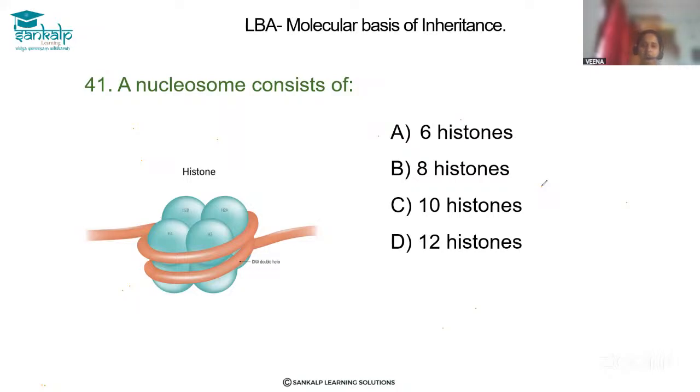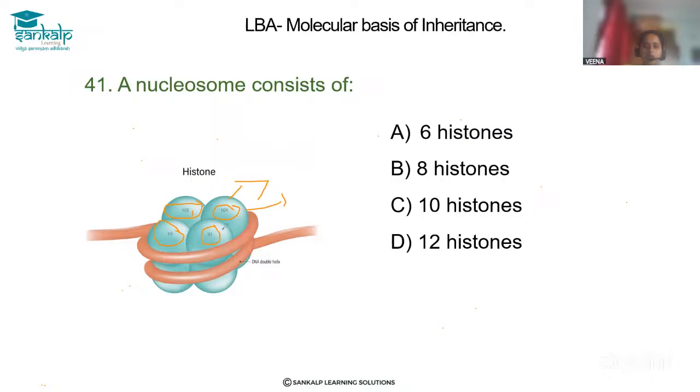A nucleosome consists of... So, dear students, you have already studied that a nucleosome contains histone proteins, that is, a pair of H2A, a pair of H2B, a pair of H3 and a pair of H4. These are called histone proteins.